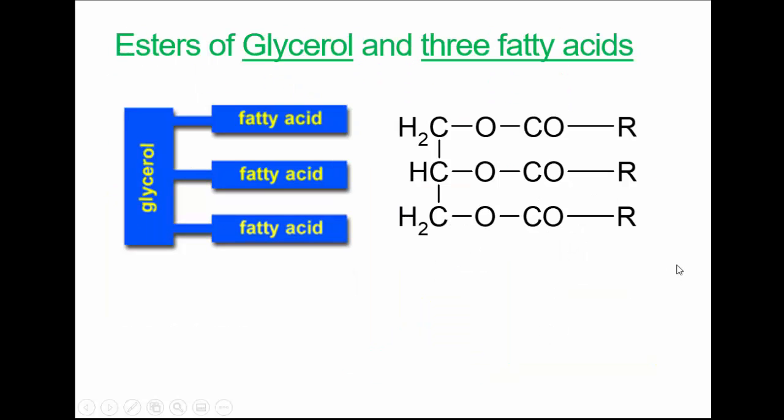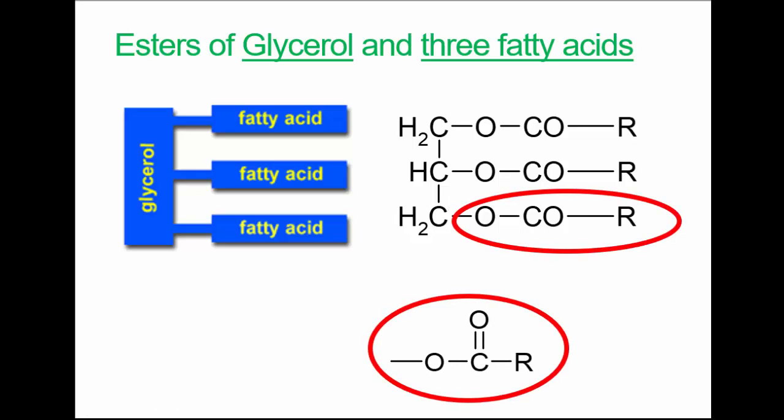The ester group is often drawn in the simplified form shown in the main diagram here on the right. Don't forget, however, the structure is a little bit more complicated. When drawing chemical compounds, always make sure you take account of how many bonds elements actually form. But in many cases, the diagram on the left is diagnostic for what we need to understand. So it's glycerol backbone to which three fatty acids are bonded.